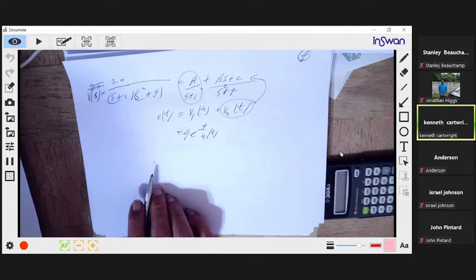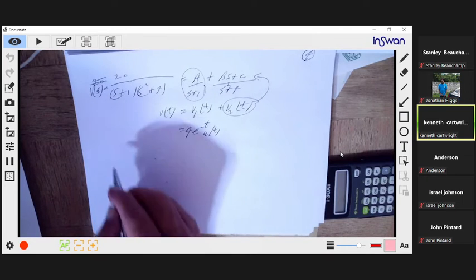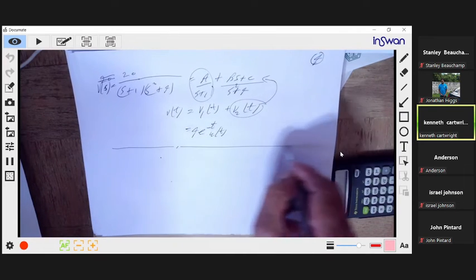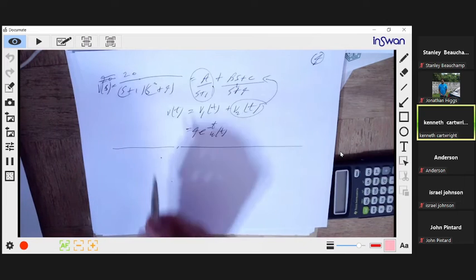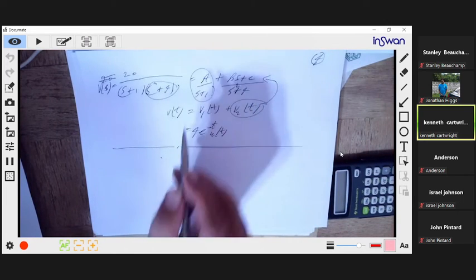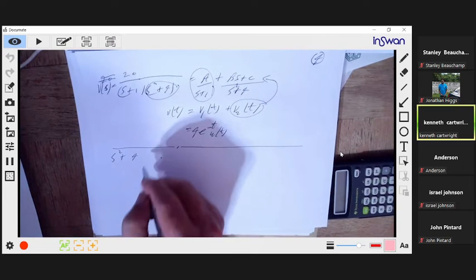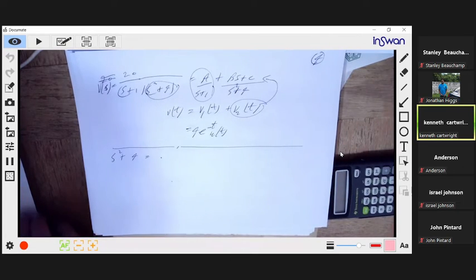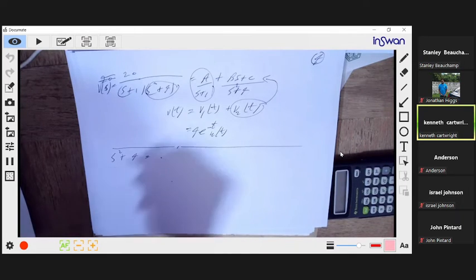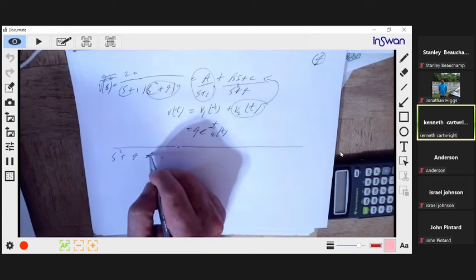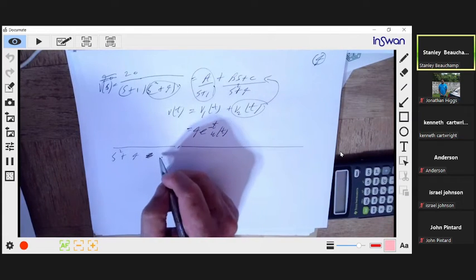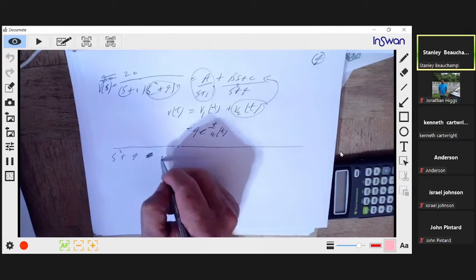Let me remind you of what I showed you. You look at the quadratic, s squared plus 4, and what do you do? If that quadratic has complex conjugate roots, then this method would work. And indeed, what are the roots of this? They look like j2, negative j2.